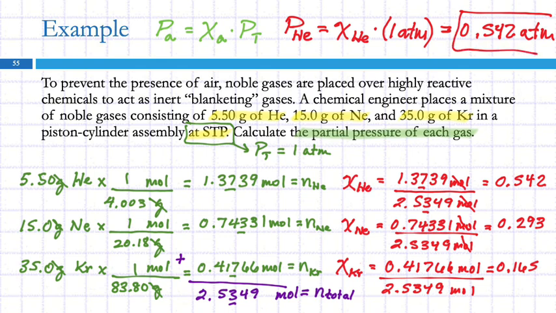So that's for helium. The pressure of neon will be 0.293 atmospheres, and the pressure of krypton, 0.165 atmospheres.